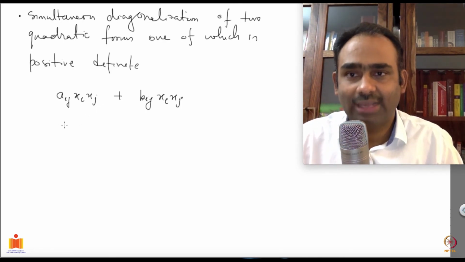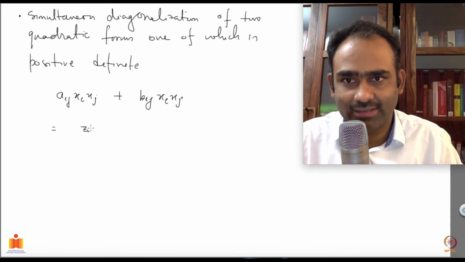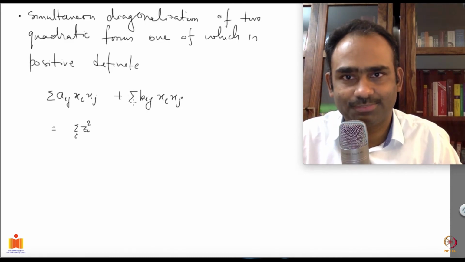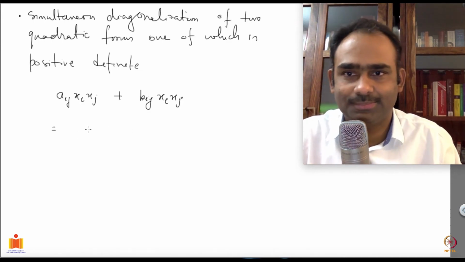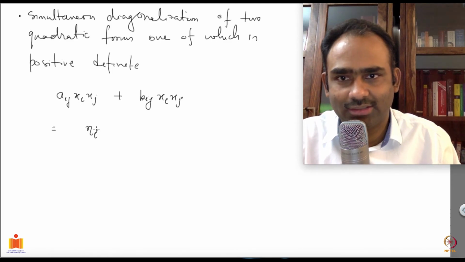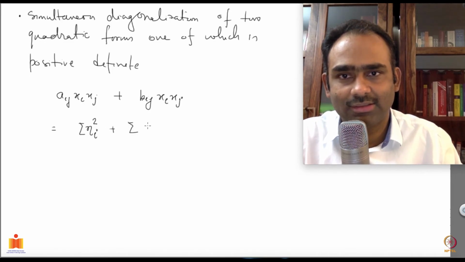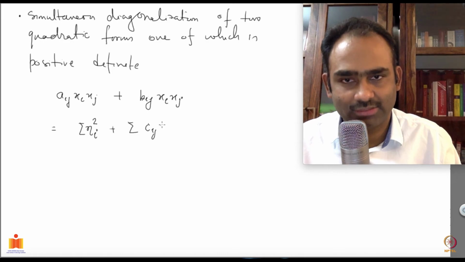I am claiming that I can put it as the sum over i of eta_i squared, let me not use z_i, I will use eta, plus some b prime, let's say c_ij eta_i squared.